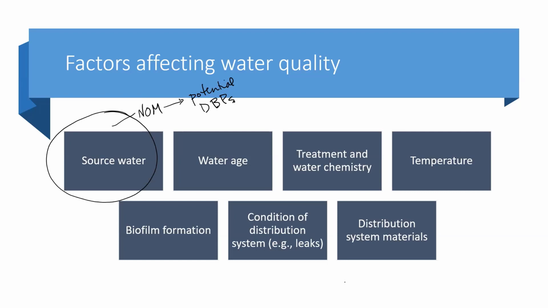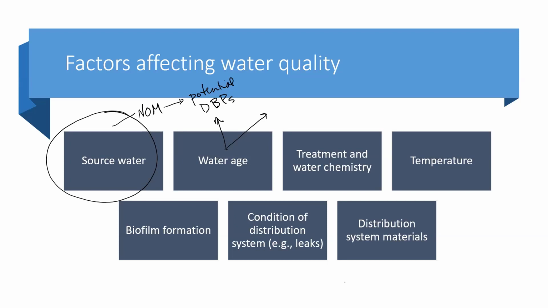This plays a significant role because the longer that the water is in the pipes, the longer time for reactions to occur. So for instance, we just mentioned NOM and the formation of potential byproducts. Well, the longer that water is in the piping network, the greater the opportunity for disinfection byproducts to form.